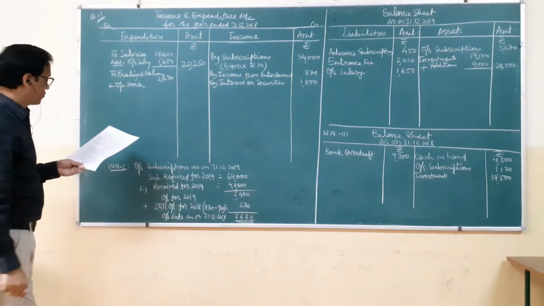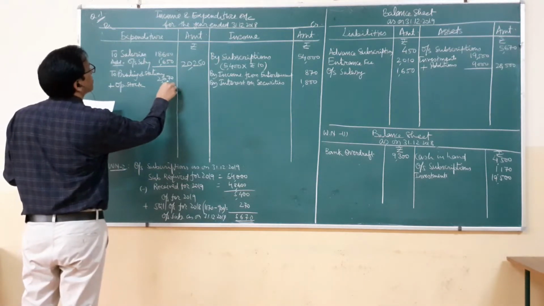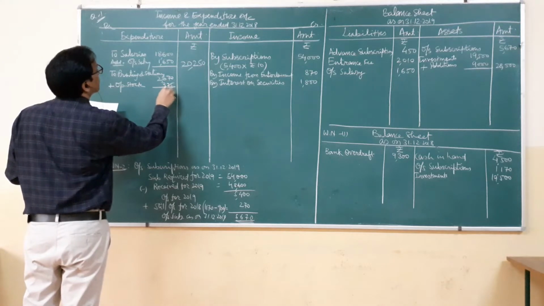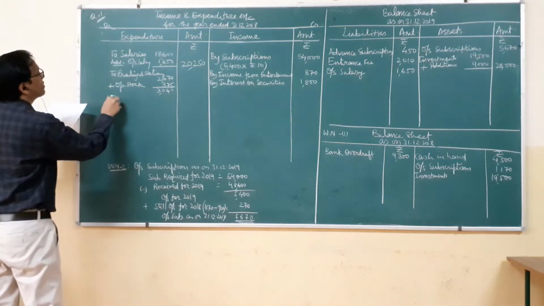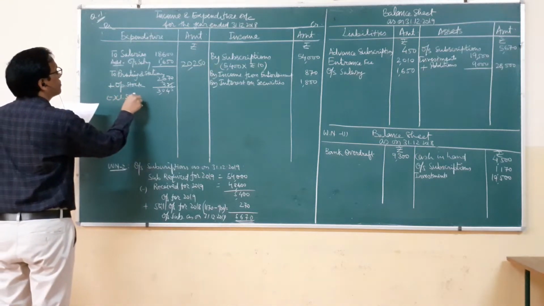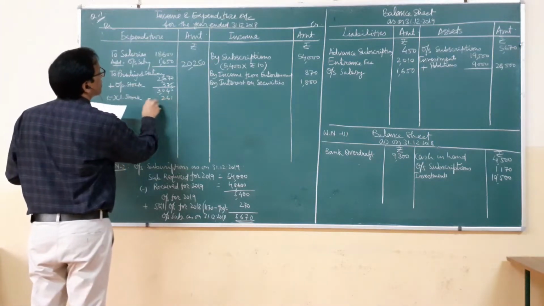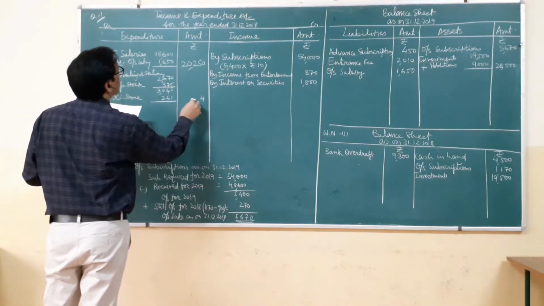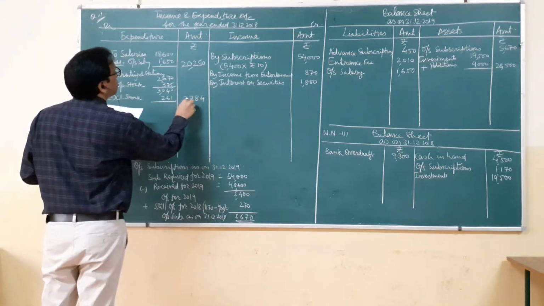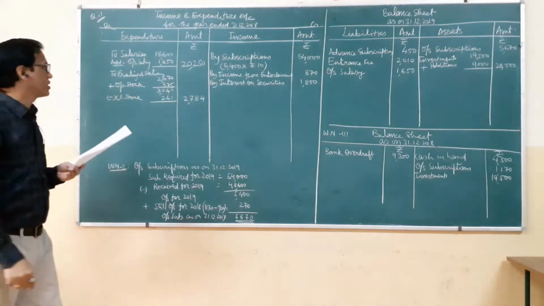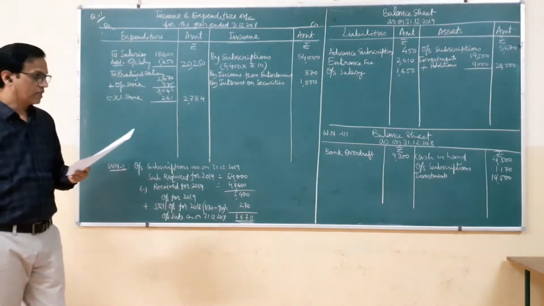Opening and closing stock of stationery are given. 375 is the opening balance, minus closing stock of stationery. So closing stock of stationery given is 261. So 5 minus 1 is 4, 14 minus 6 is 8, 9 minus 2 is 7. 2,784 is the amount of printing and stationery consumed in the current year.